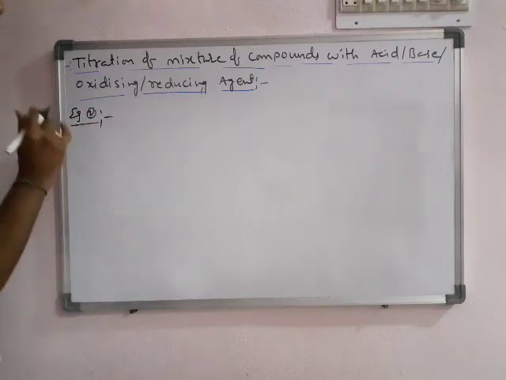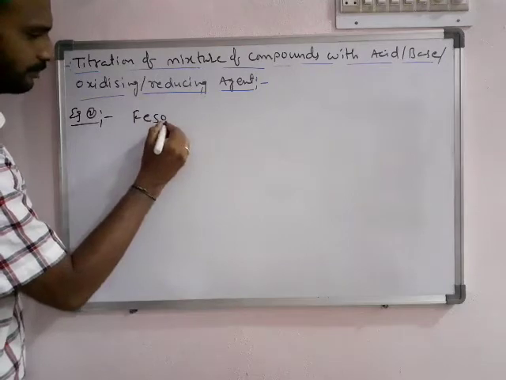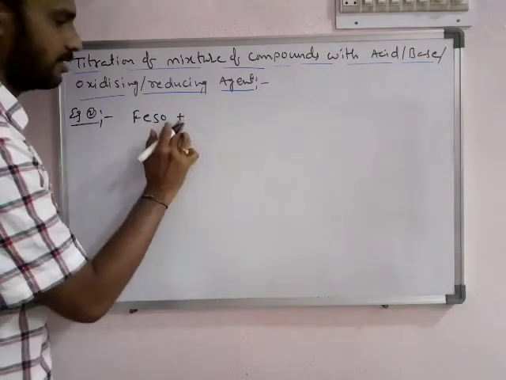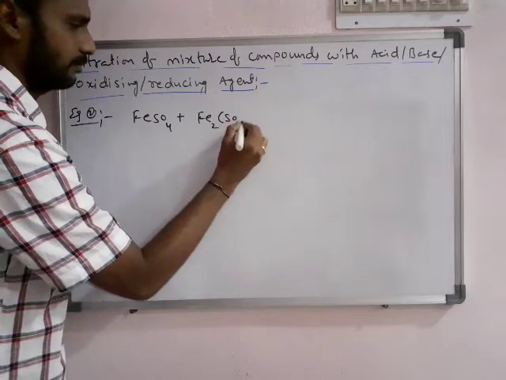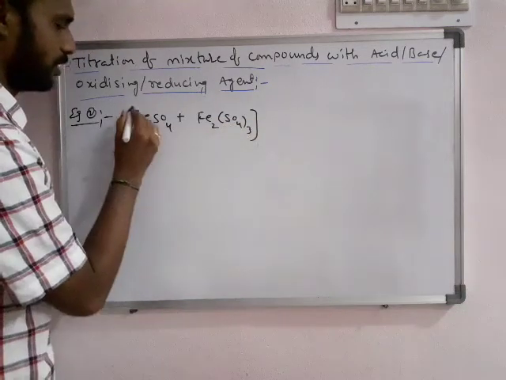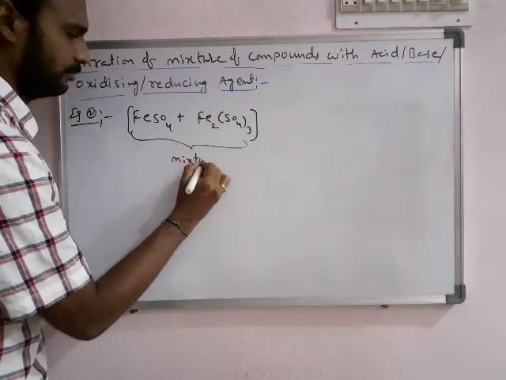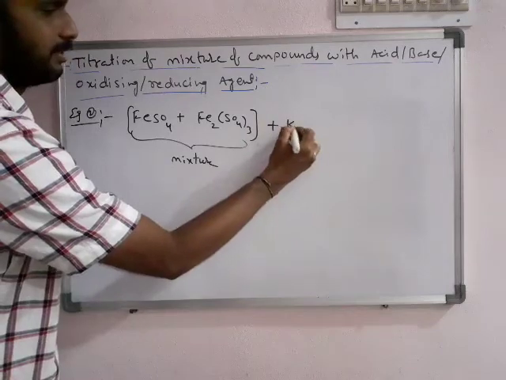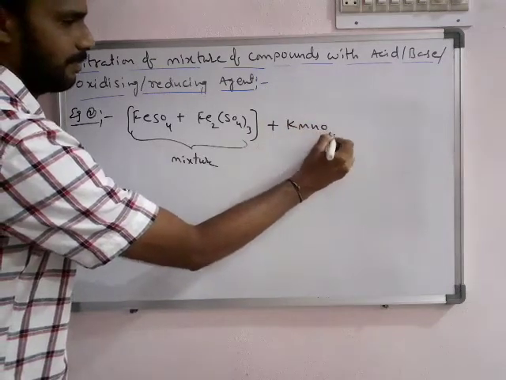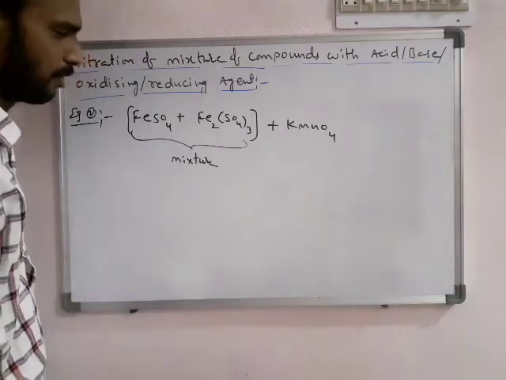Here we are taking another example. There is a mixture of ferrous sulfate and ferric sulfate. So this is the mixture. Now this is reacted with an oxidizing agent, for example potassium permanganate.